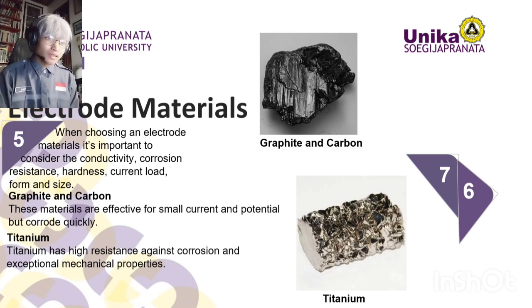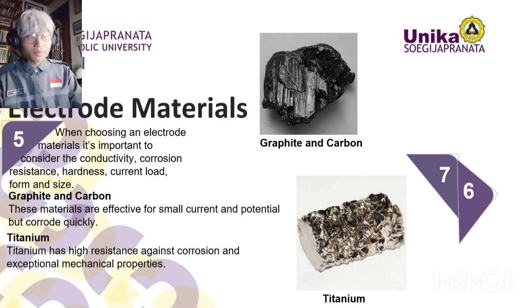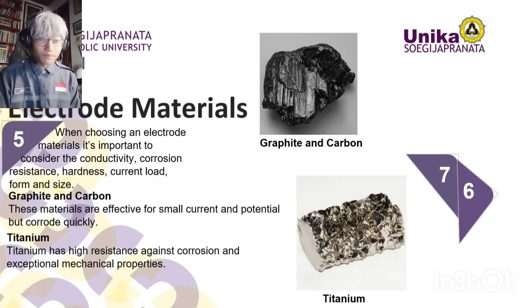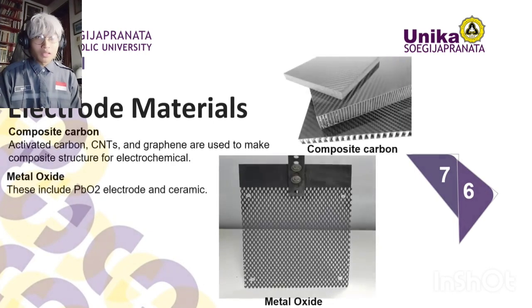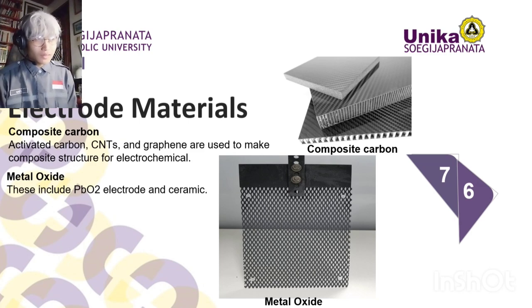Titanium, however, has high resistance against corrosion and exceptional mechanical properties. For composites, activated carbon, CNT and graphene are used to make composite structures for electrochemical use. Metal oxides include the PbO2 electrode and ceramic.